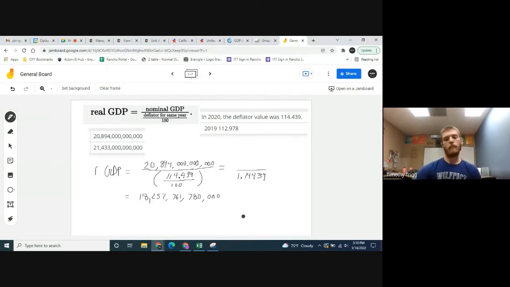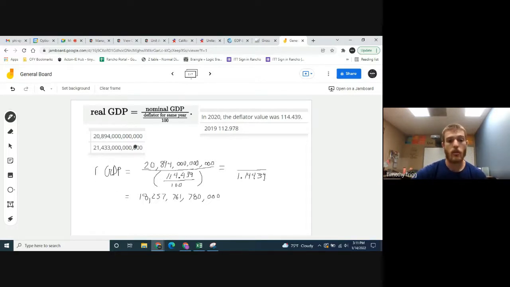Okay, that's what I got. Now, if your calculator can't handle these big numbers, that's okay. You could always Google a calculator and work on it through that. Okay, but you can see the real GDP is considerably less than the nominal GDP. That's to be expected because the price deflator brings down the real GDP because of inflation.